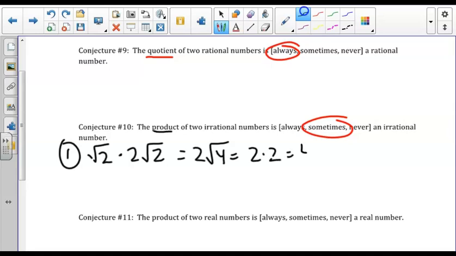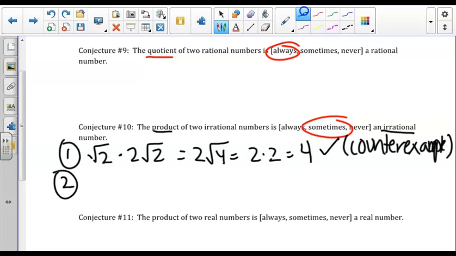And 2 times 2 is 4. Therefore, 4 is not an irrational number. So this here is a counterexample that proves that this is not always true. But we can provide other examples that prove that it does work in other cases, such as if I take the square root of 3 times 2 root 2, I will get 2 root 6, and that is indeed irrational.